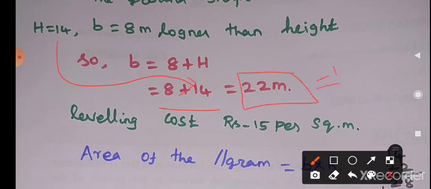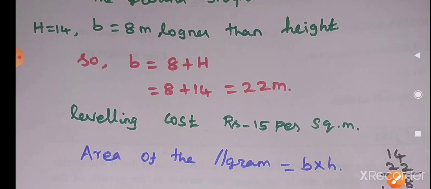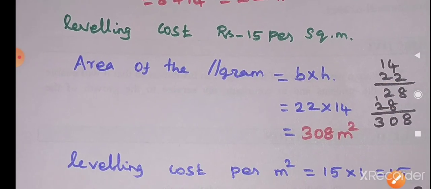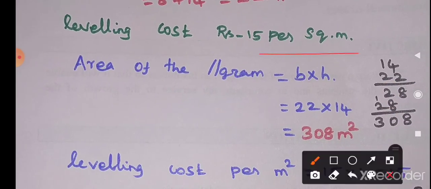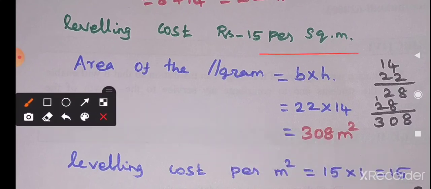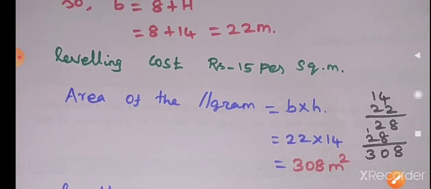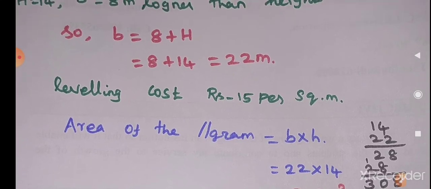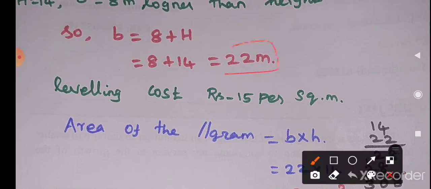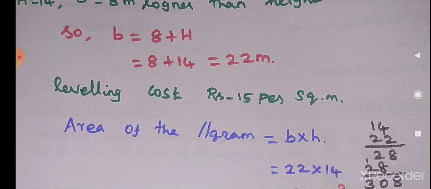This is B, the base. The leveling cost is 15 per square meter. The formula is area of the parallelogram is B into height. So B is 22 and H is 14.